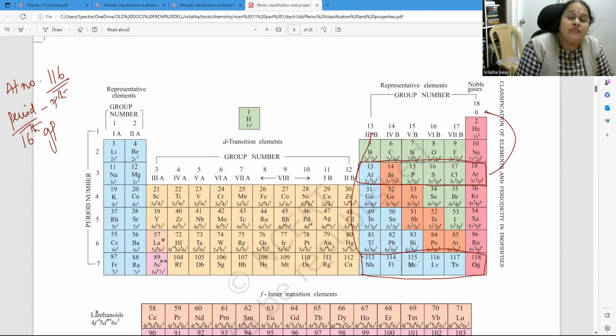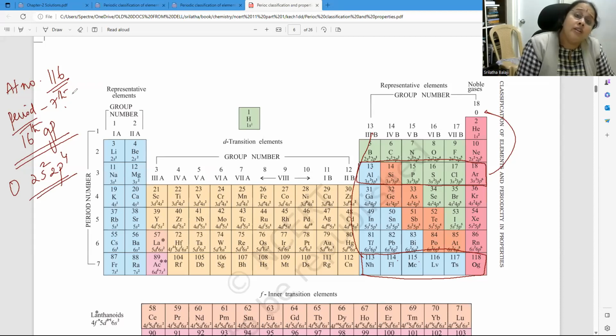Now what will be the configuration of this? 7th period, 16th group. What is the general configuration of the 16th group? The first element of the 16th group is oxygen, and I know oxygen is 2s2 2p4. Am I right?